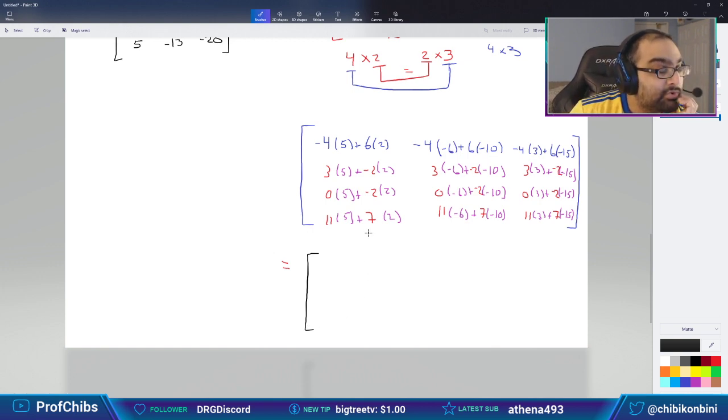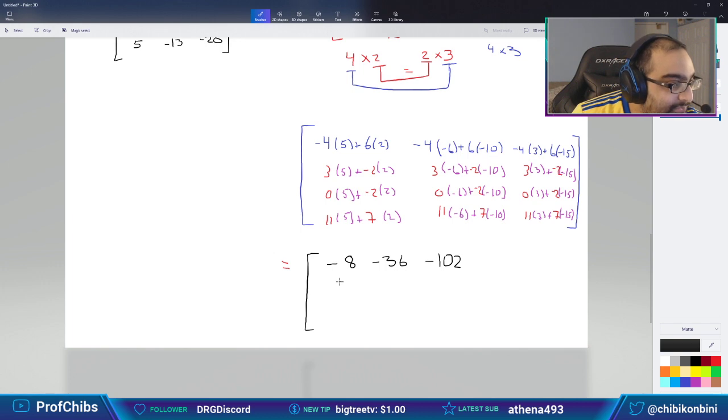We got negative 20 plus 12, that's minus 8. Positive 24 minus 60, so that's minus 36. Here we got minus 12 minus 90, so it'll be negative 102.